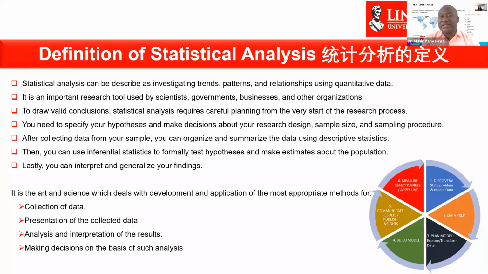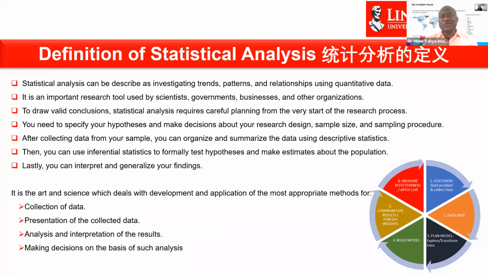Then you can use inferential statistics to formally test hypotheses and make estimates about the population. Remember population here, we discussed population in the short term. Then lastly, you can interpret and generalize your findings based on the result of your analysis.